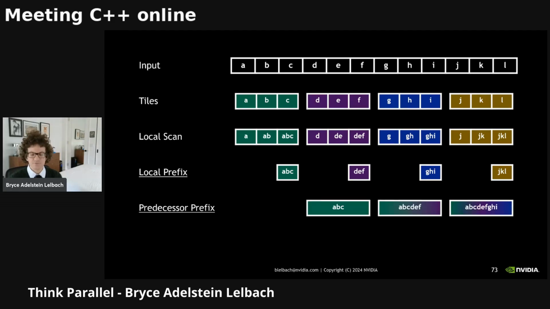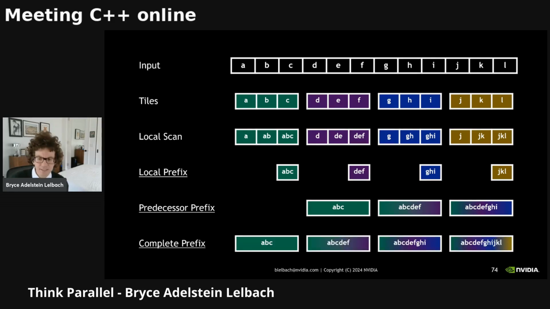The predecessor prefix for each tile is the sum of all preceding elements. So for the first tile, that's nothing. For the second tile, that's the sum of the first tile, which is ABC. For the third tile, it's the sum of the first 2 tiles, A, B, C, D, E, F. And then for the fourth tile, it's the sum of the first 3 tiles, A, B, C, D, E, F, G, H, I.